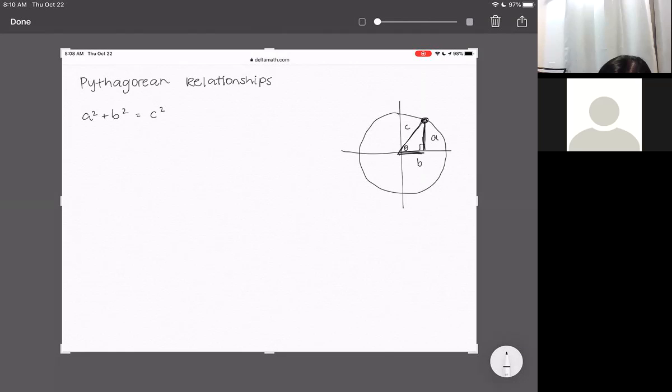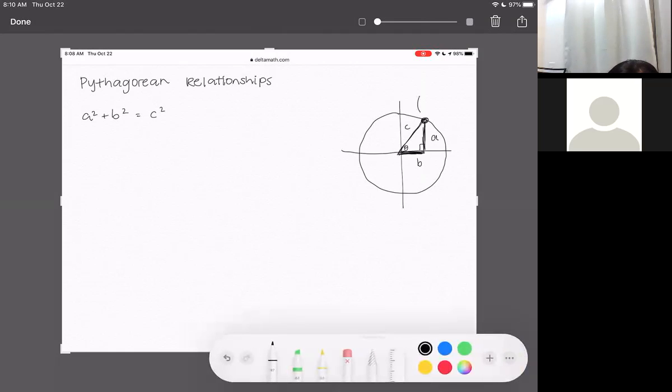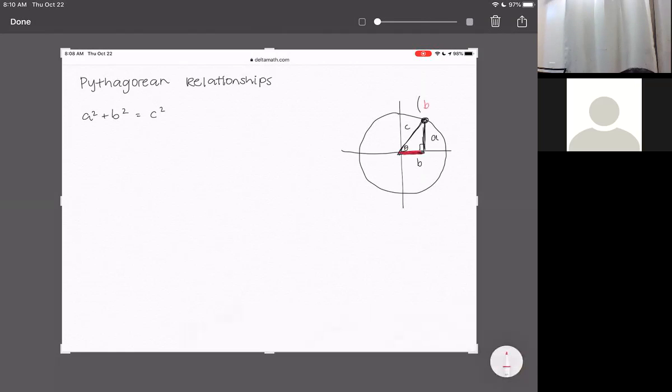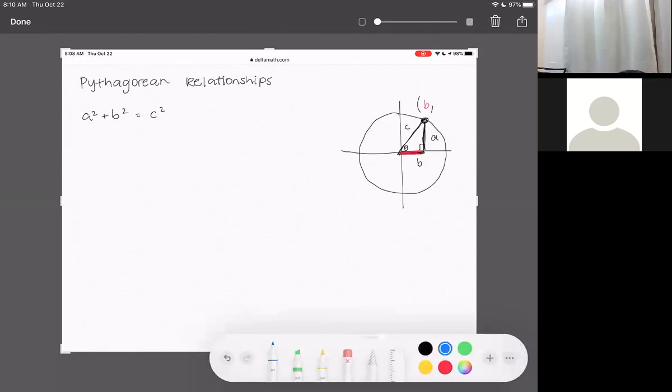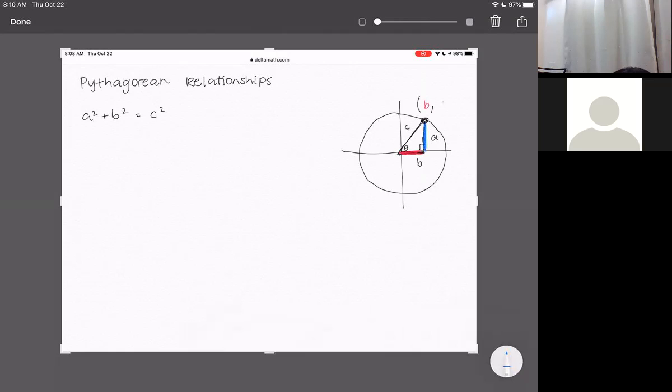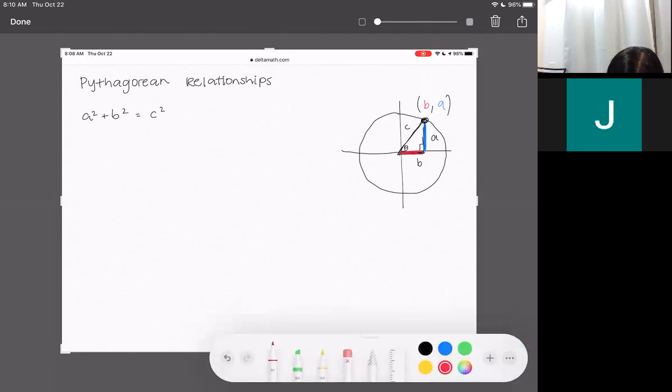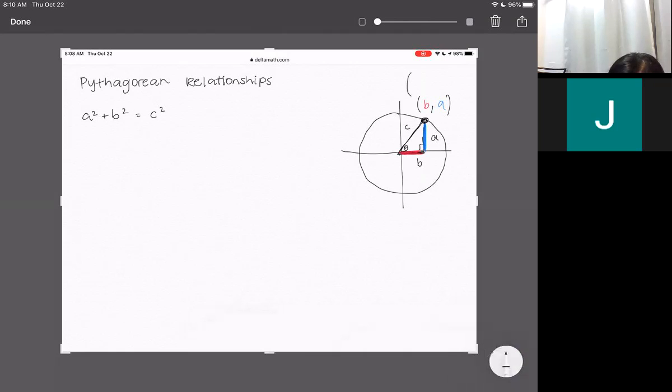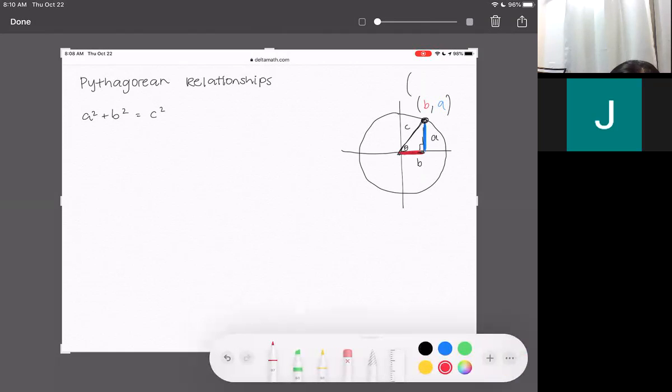Okay, so remember that the coordinates of this point on the circle are going to be the x value, the horizontal length, so B. And then comma, the vertical length, the y value, which is A. And if you remember way back when we did the unit circle, the x value, the b, is the same thing as our cosine.